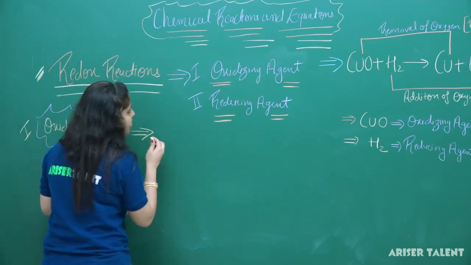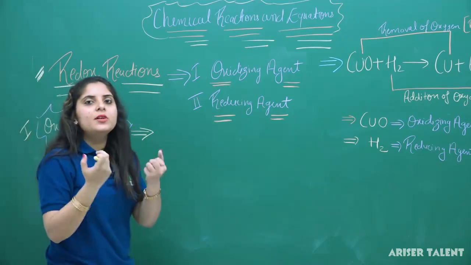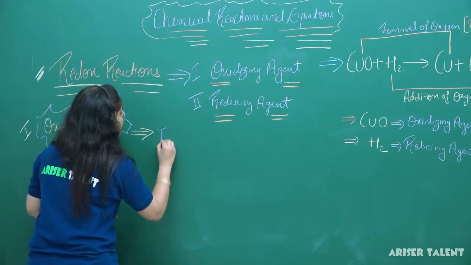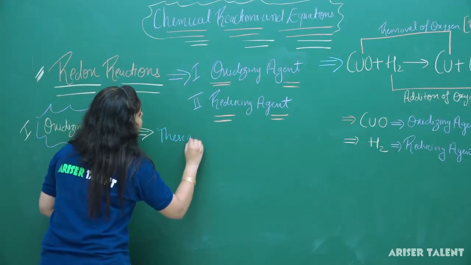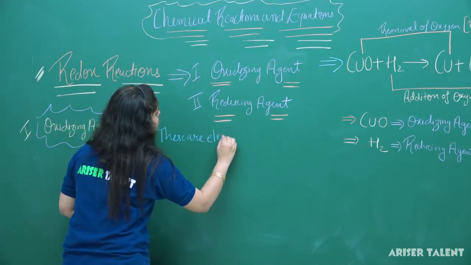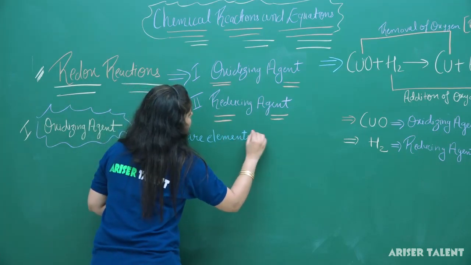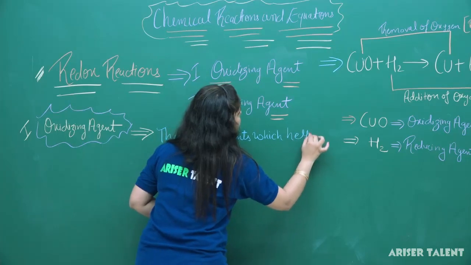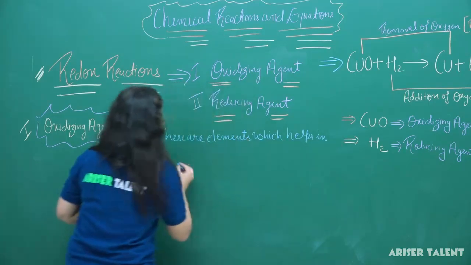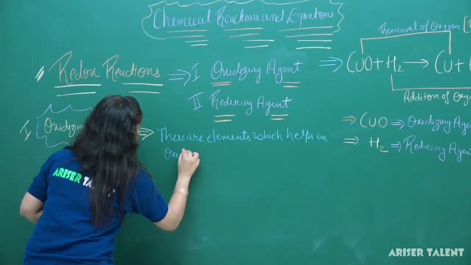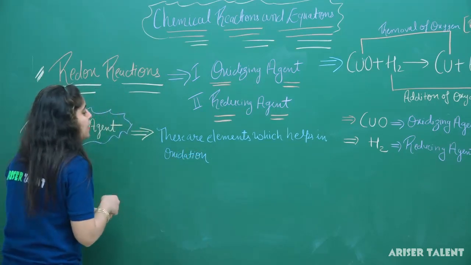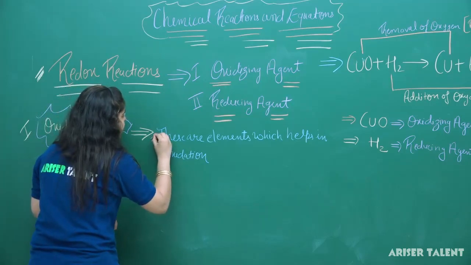Oxidizing agent is the substance or the element which helps in carrying out the oxidation reaction. So the elements which help in oxidation are termed as oxidizing agent.